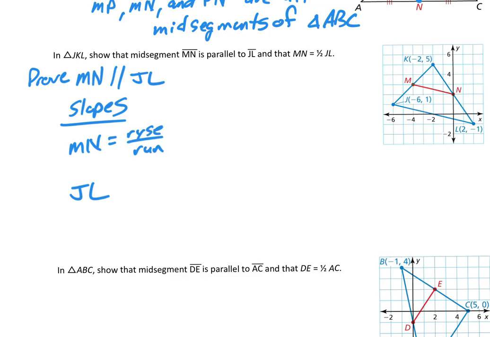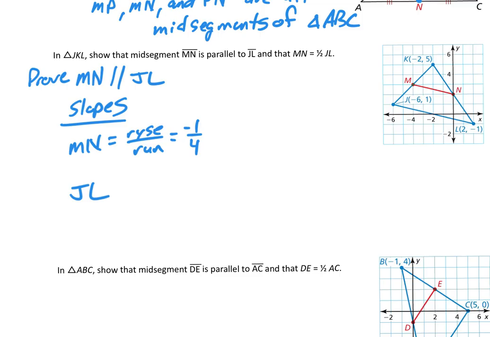And I know I spell rise a little bit funky. I use a Y because remember that Y's go on top. My rise goes up and down, my Y values, okay? And so if I'm going to go from M to N, I'm going to go down 1, and I'm going to go over 1, 2, 3, 4. So down 1, right 4.